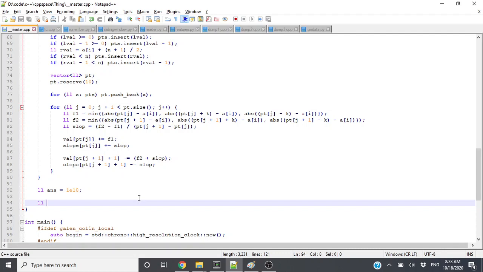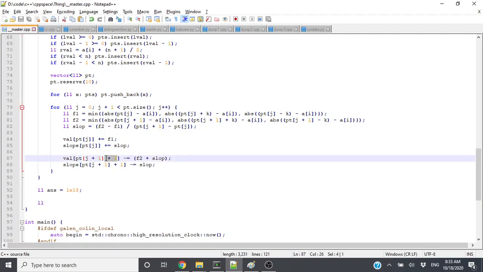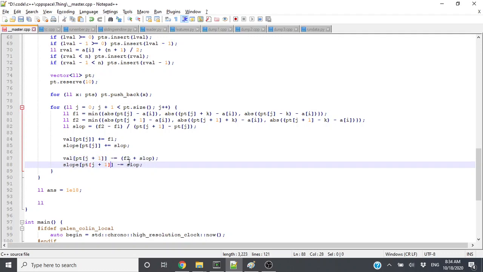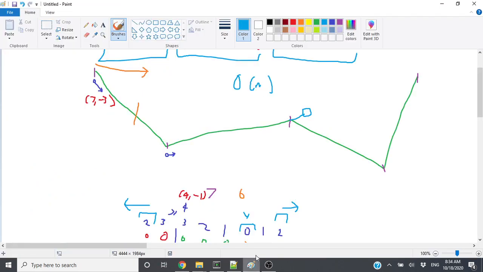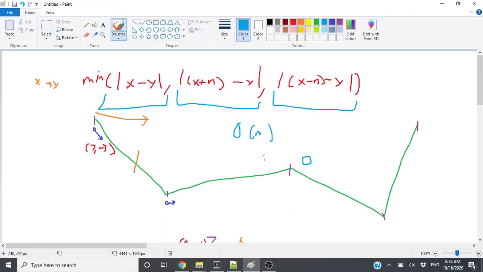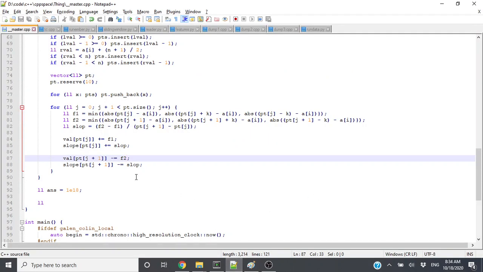I think I can just get away with not having this be a thing. We can just do this here. I don't actually know why I did this. We don't need to extend this line. We can just subtract this here, and then this new function will take over. Is that how that works? I think so. Yeah, it should. Okay. So slope point j plus 1. Okay.